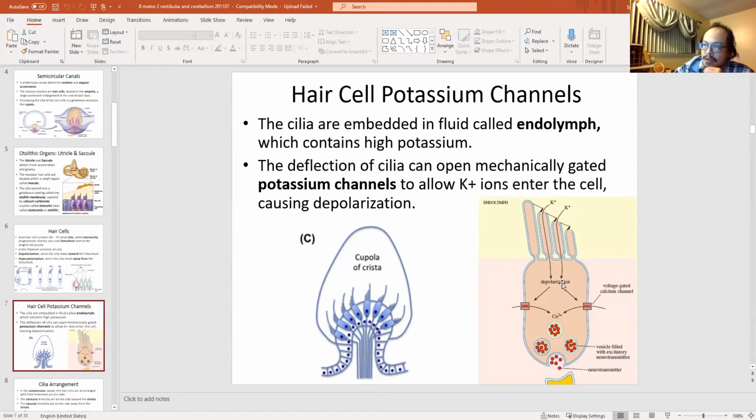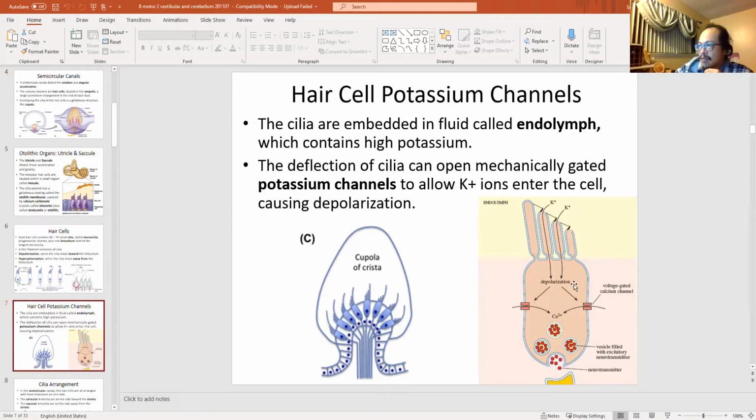With the depolarization, the cell opens up the voltage-gated calcium channel. This is nothing unusual, because in all neurons, action potential traveling through the axonal terminal will open up calcium channels. This calcium is needed to undock these vesicles to make the neurotransmitter get released.